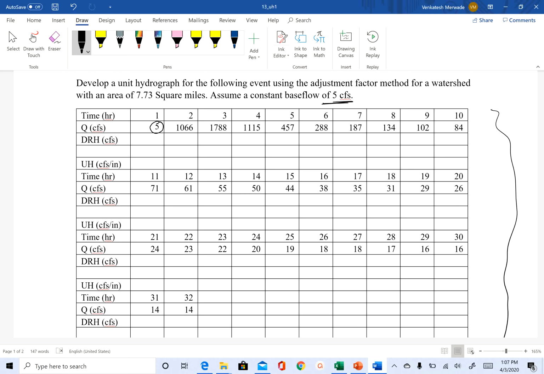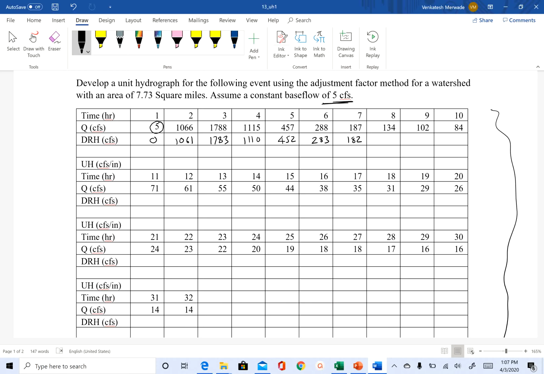So this will be 5 minus 5, 0. So this will be 1066 minus 5, 1061. This will be 1783. This will be 1110. This will be 452, 283, 182, and so on. So you can fill the rest.